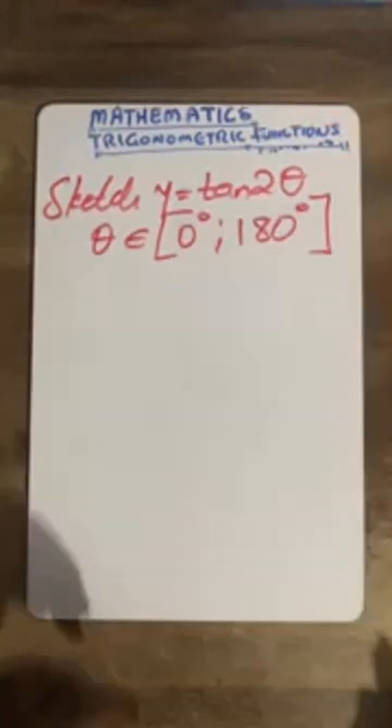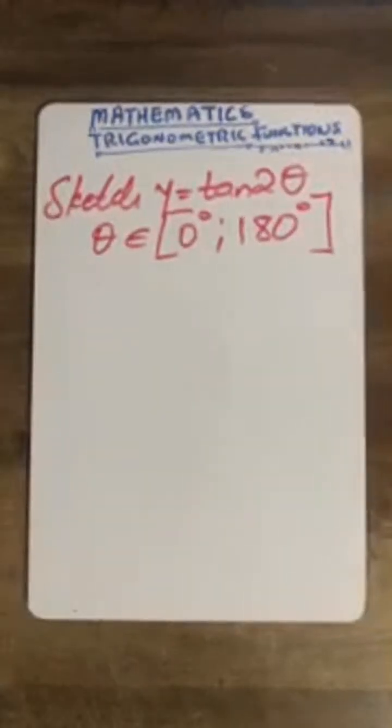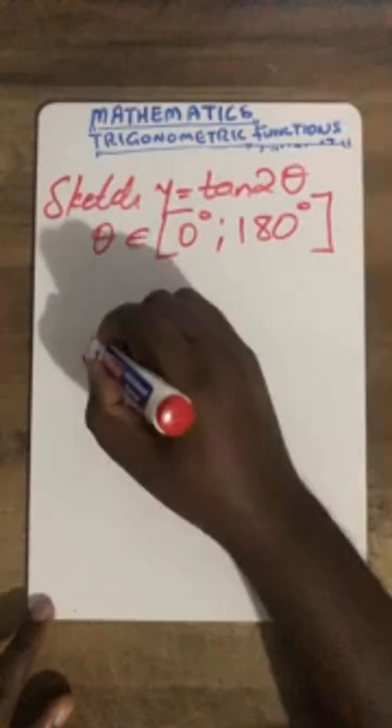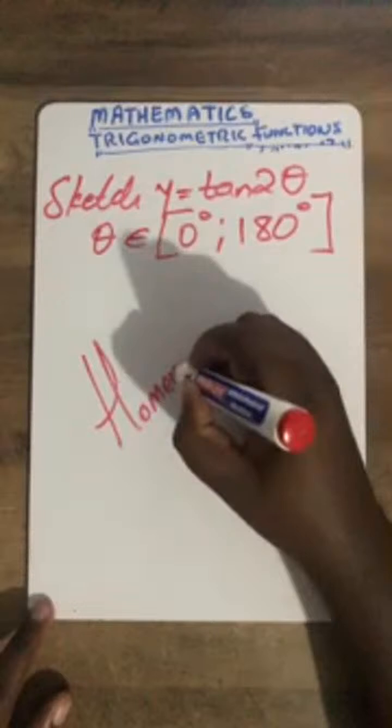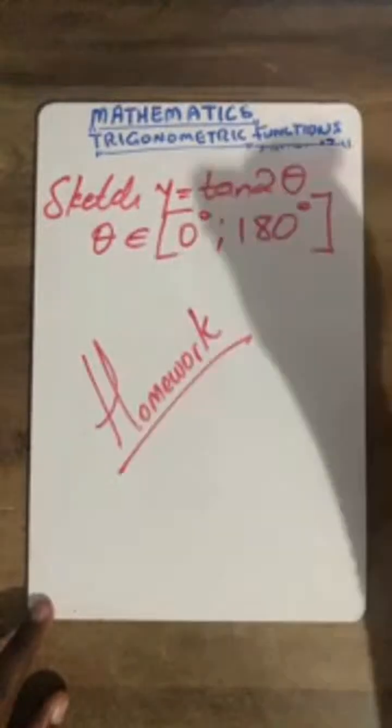Can you guys take a screenshot of that so that you'll know that I need to calculate the period, the critical values, and then from there, start plotting the function. Homework.